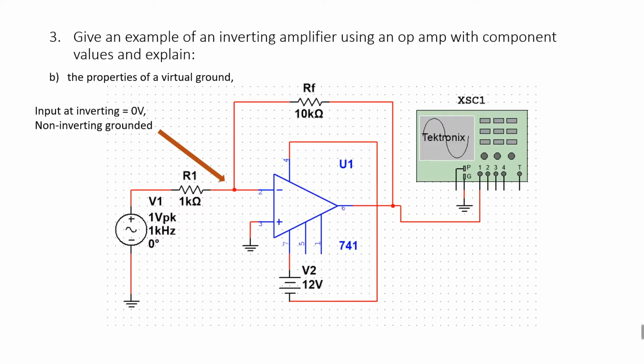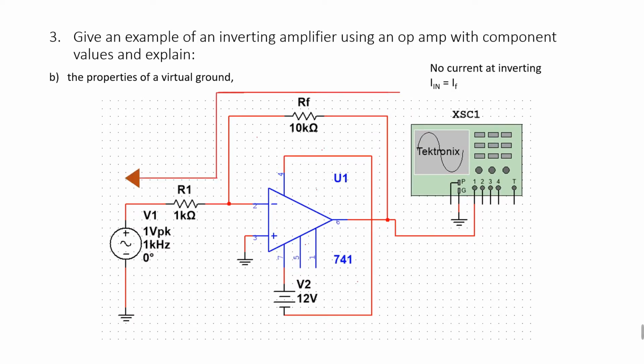So the inverting terminal have a zero voltage. So in this case, the virtual ground is at the node over there, there's no current at inverting. We can say that the input current is equals to the IF.